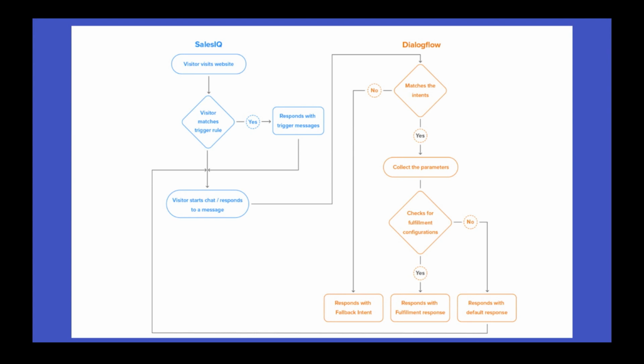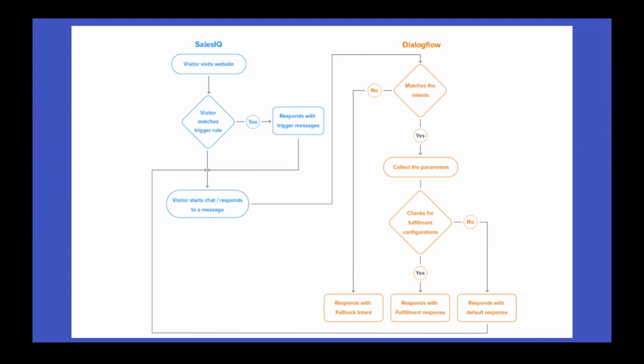So this is how this Dialogflow bot functions. When a visitor visits the website, matches the trigger rule, a trigger message is sent, and when the visitor responds with a message, the bot will check with the intent if the content in the messages matches the content inside the intent. If it matches, it collects the parameters inside the message sent in by the visitor.